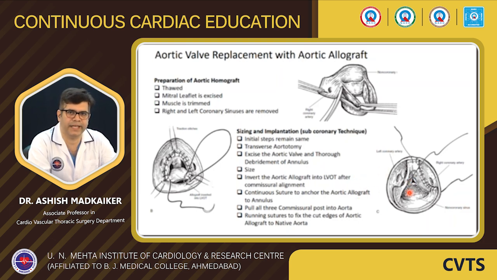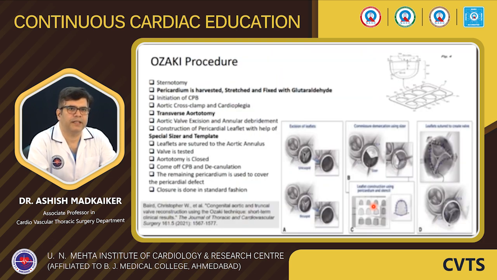This was to give an idea of how a homograft can be used to do an AVR, and it is a very useful technique if we know how to do it properly, especially in a setting of infective endocarditis.